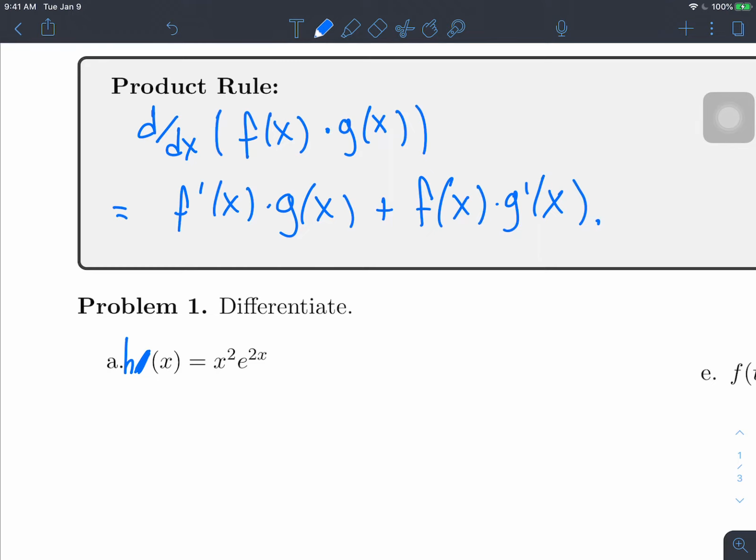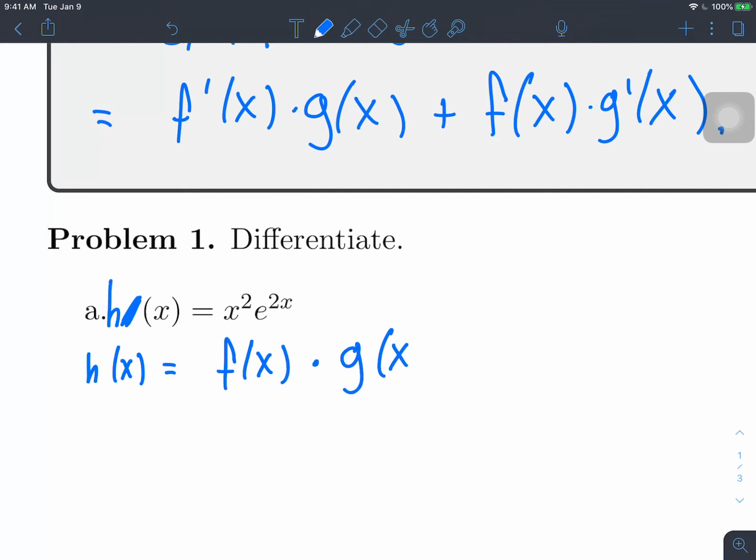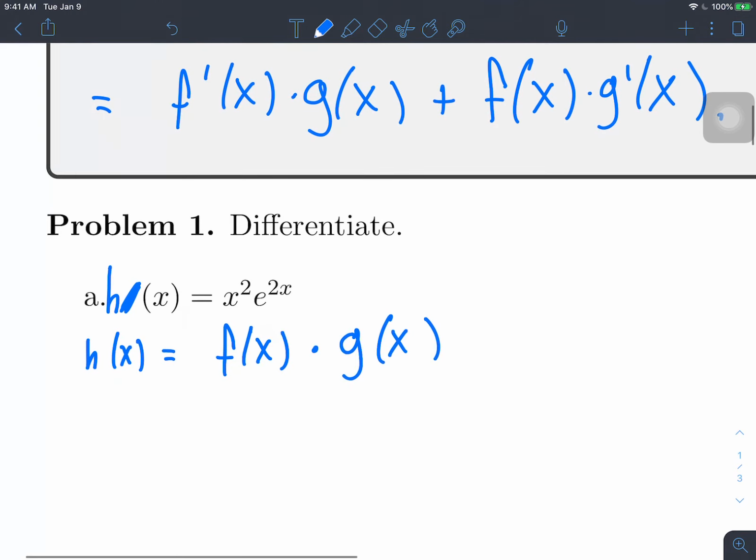What we want to do first with a product rule problem is identify the two functions which are being multiplied together. We want to kind of separate them out so that we can treat them individually. So what I want to write is h of x is equal to f of x times another function g of x. And I want f of x and g of x to be functions that I know how to do the derivative of.